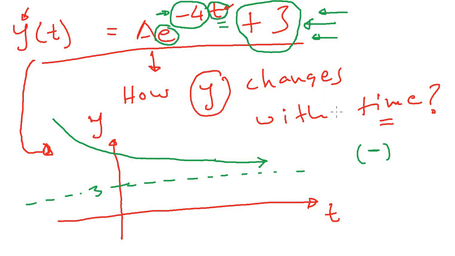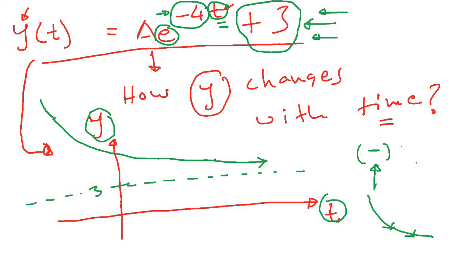That means you're going to get an exponential curve, and since there is a minus with t, the shape will be like this. Please remember, this is the shape of an exponential curve. This is the shape that tells you how y changes with time.